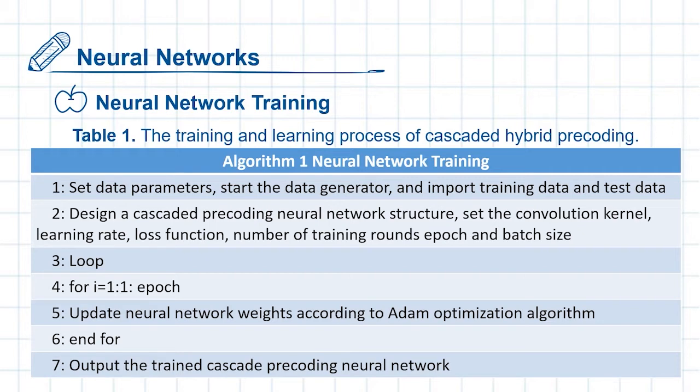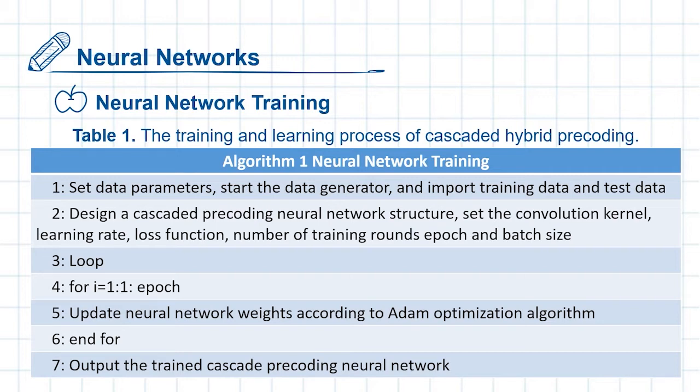Firstly, the dataset of millimeter wave channels and the corresponding RF beamforming combination matrix are constructed. And then the cascade hybrid precoder is trained to be able to predict the index of RF precoding combination vectors given the input channel vector.